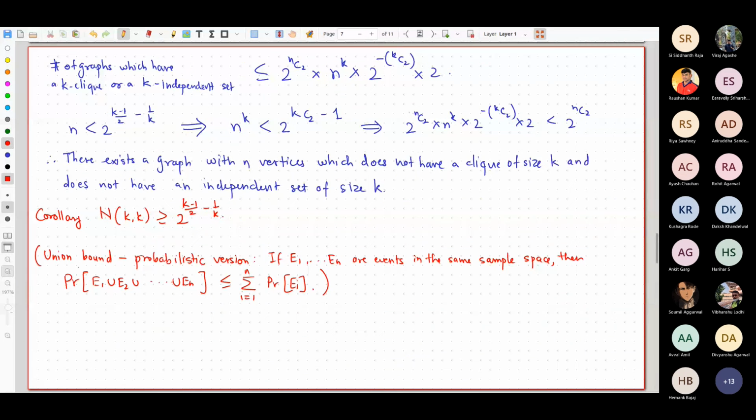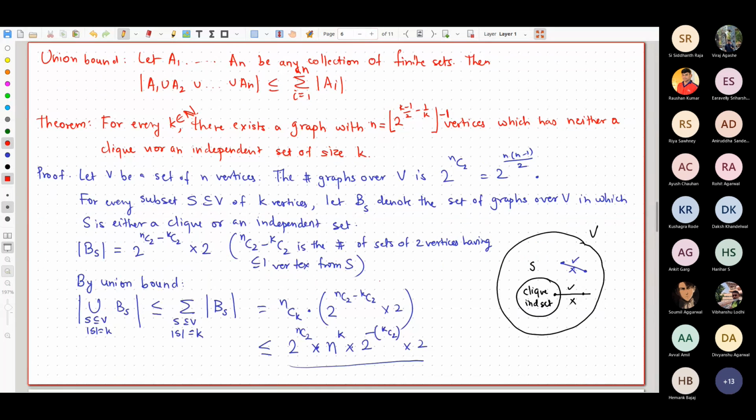Analogously, we have the probabilistic version of union bound. And all I said was there is another way to write this proof in a slightly different language, where instead of defining the set B_S, you define the event E_S, which says that S is a clique or an independent set in the random graph that you generate.